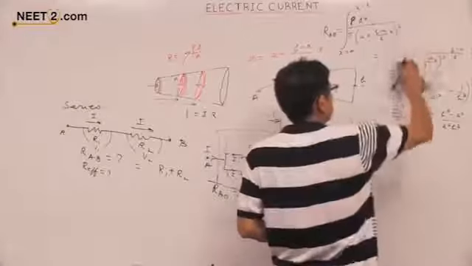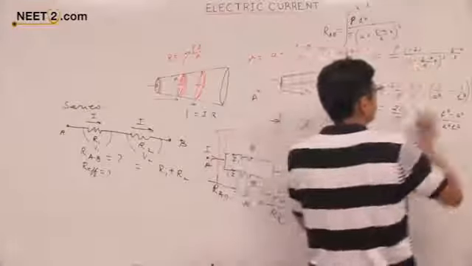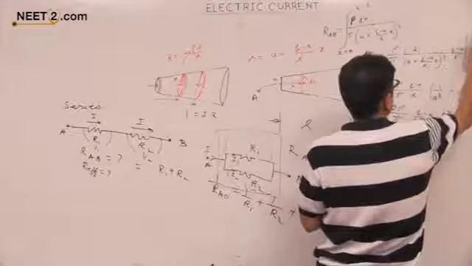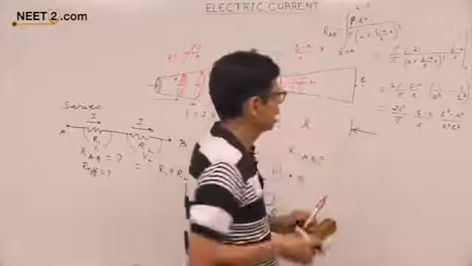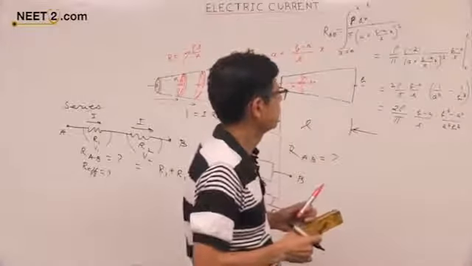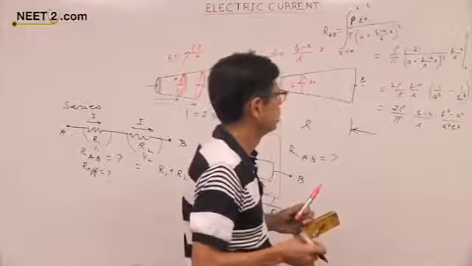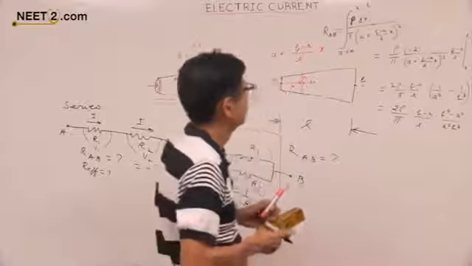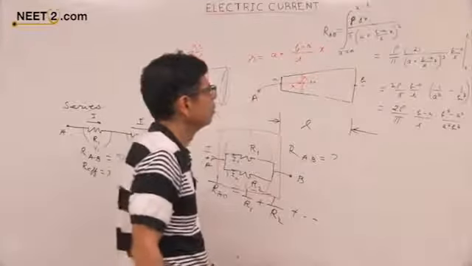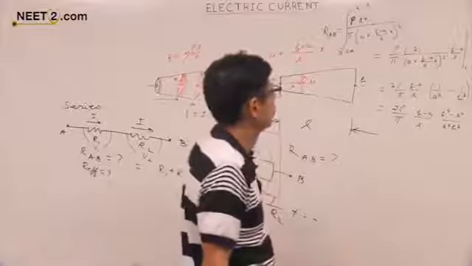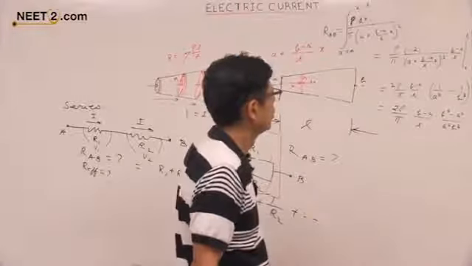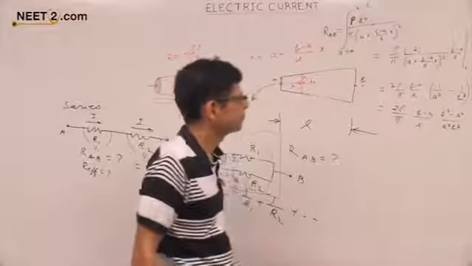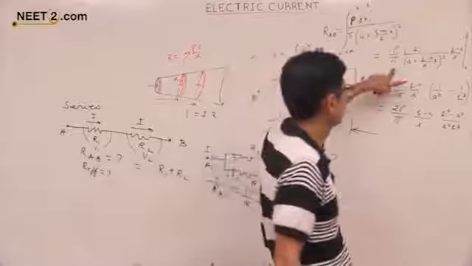First thing is these are the limits and they have to go there, 0 to L. Secondly, okay, I check the dimensions here.